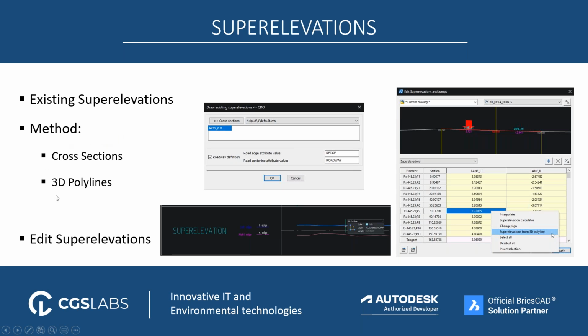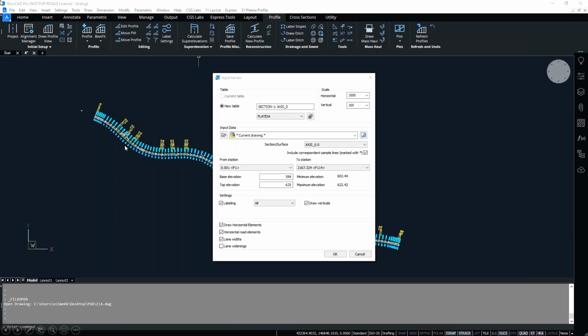Or we can also use the 3D polylines that we have in our plan view and define them that way. So let's see both methods.